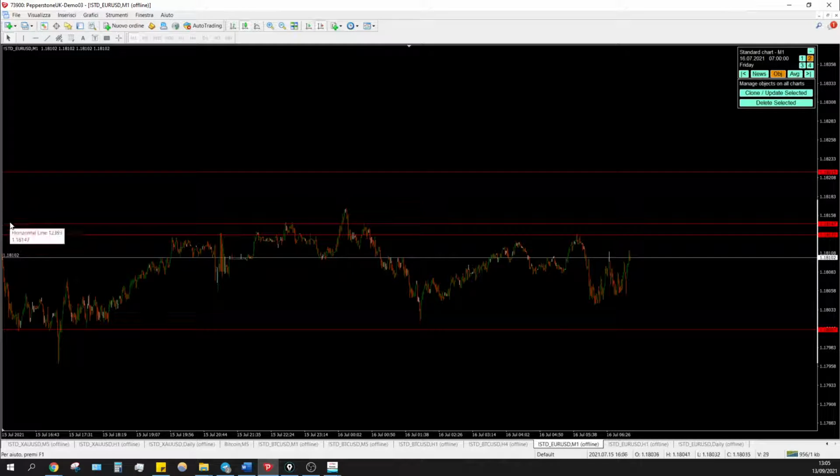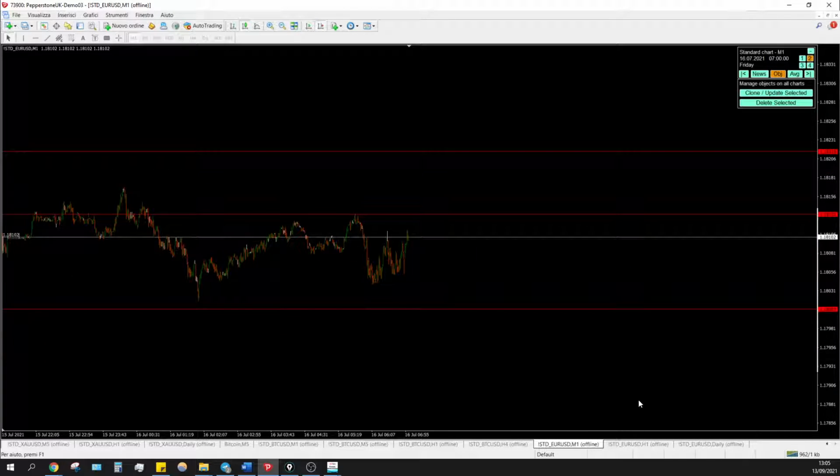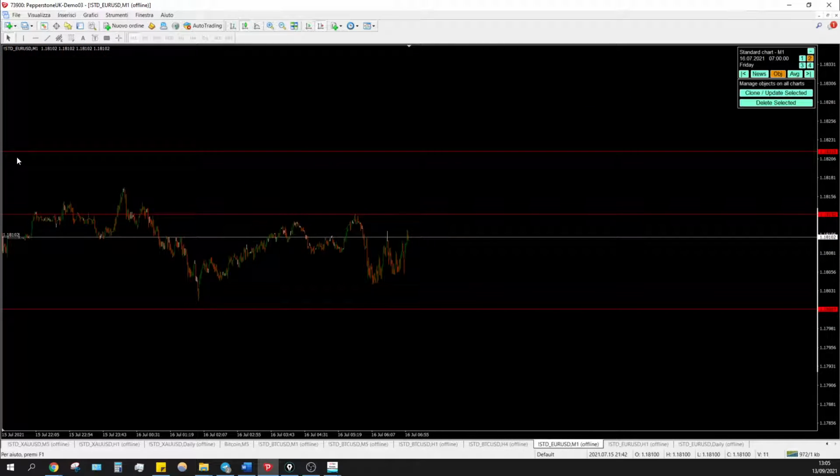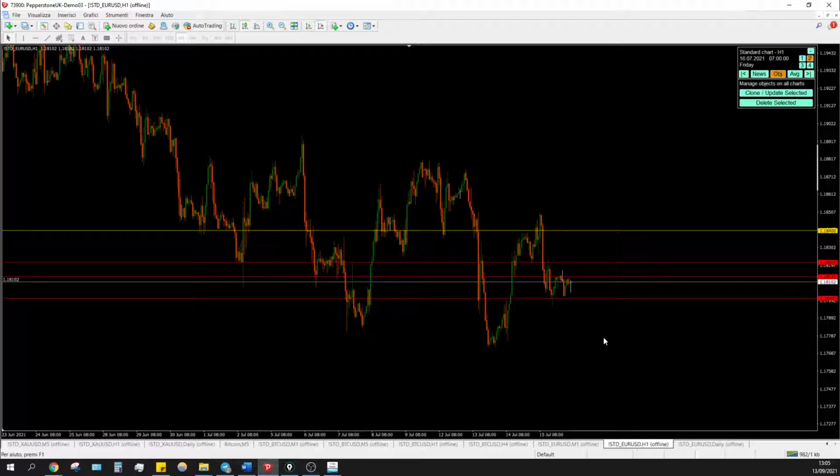So I would say this one. There you go. On the hourly time frame, let's see if it's more or less the same. Yes, exactly, at the tops and the bottoms.